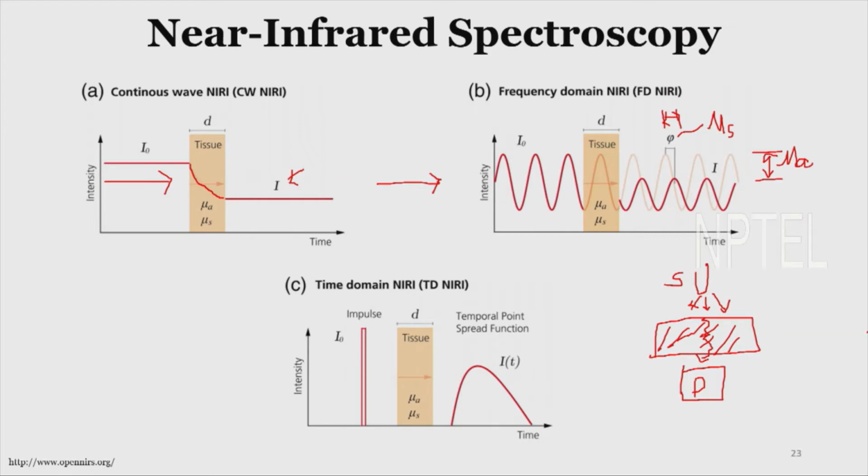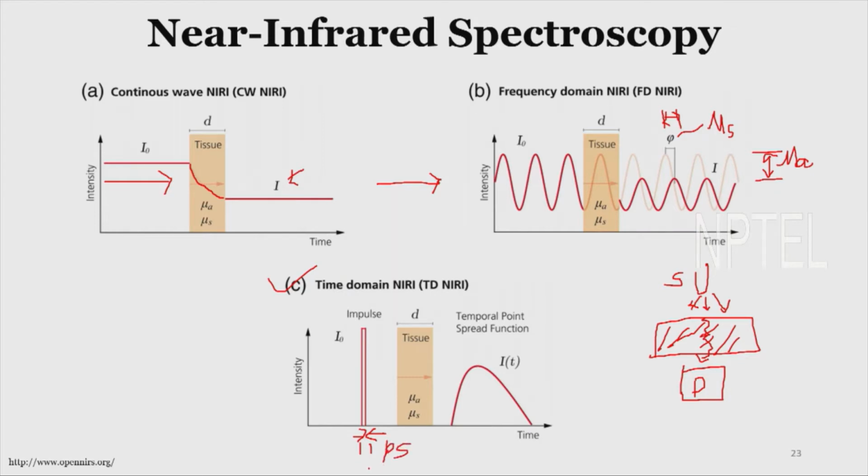In the case of time domain measurement, as you can see in part C, instead of giving a sinusoidal input we give a pulse of very small duration, ideally in the order of picoseconds.